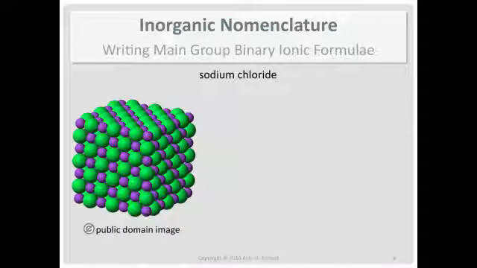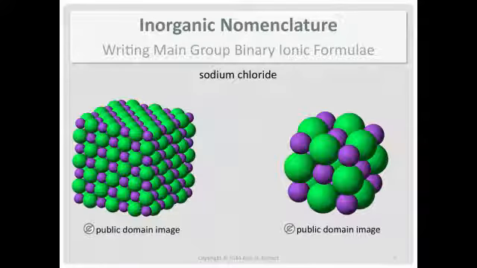If you study crystal structures, you'll learn that sodium chloride forms what's called a cubic closest packing crystal structure. The green ones are chlorides, and the purple ones are sodiums. And that's the smallest repeating unit out of that crystal structure.